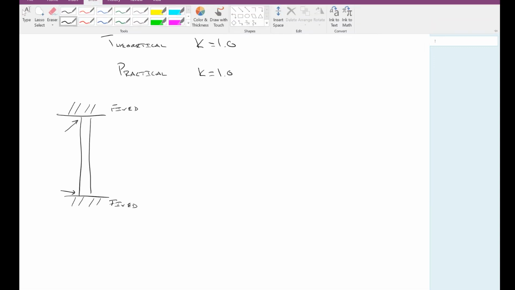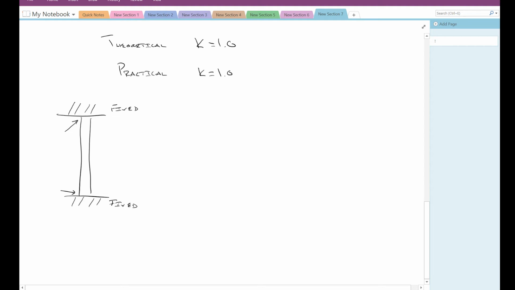So if I draw a buckled column in this particular instance, it would look something like this, where our effective length becomes 0.5 of our original length, right? Where this is our original length L here, right? So this is a fixed condition.